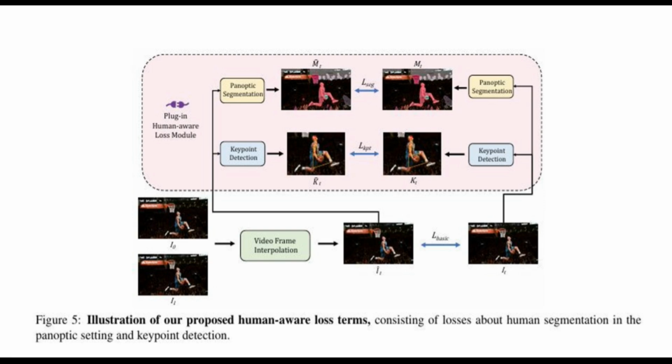One is panoptic segmentation loss, which ensures the AI understands the structure of the human body. And the next one is human keypoint detection loss, which focuses on body joints and movement consistency. The result, of course, is a significant boost in performance across multiple models, making this a strong foundation for future AI-powered slow-motion video applications.